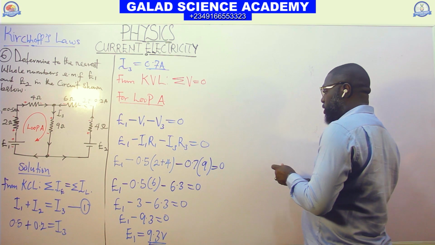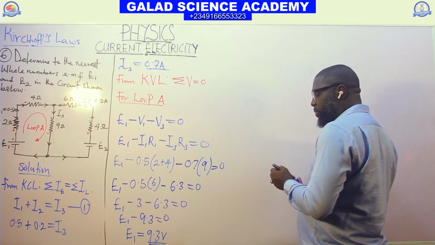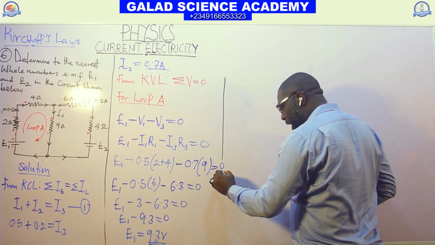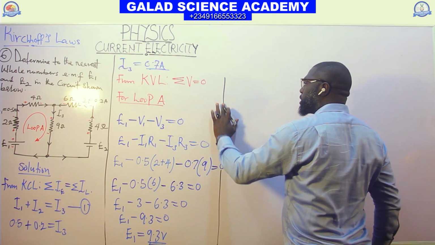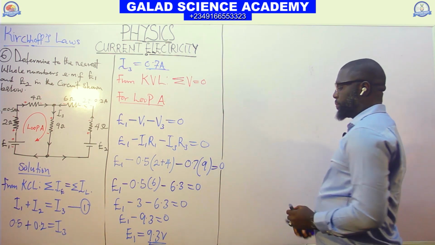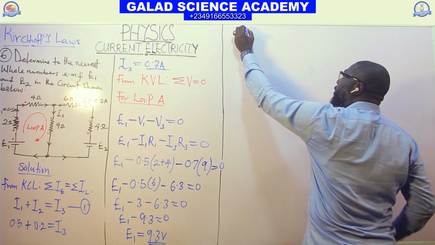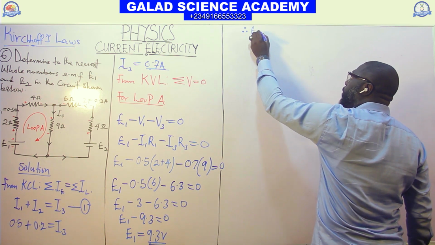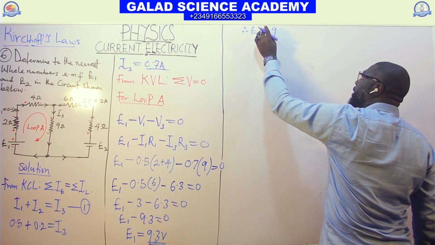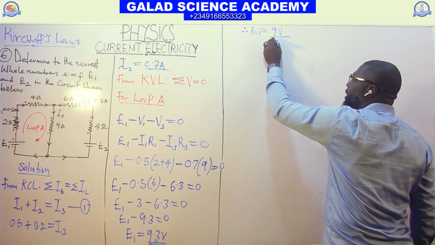By approximating to the nearest whole number, E1 will be 9 volts. Therefore, E1 is approximately 9 volts.